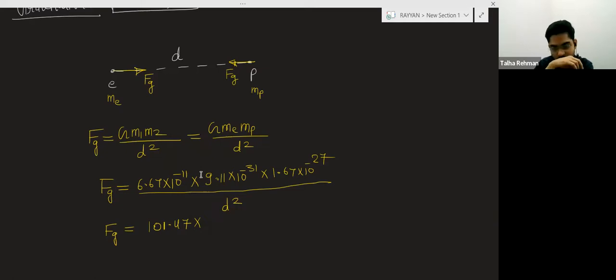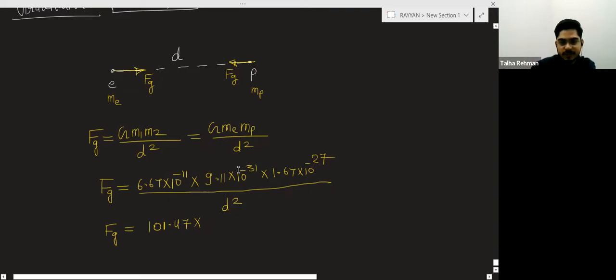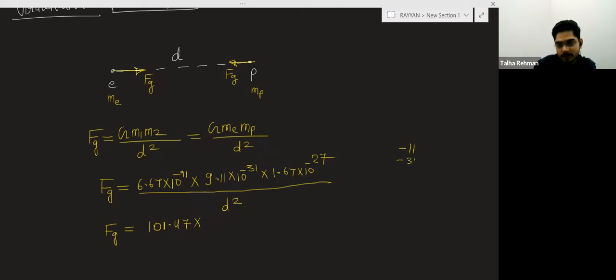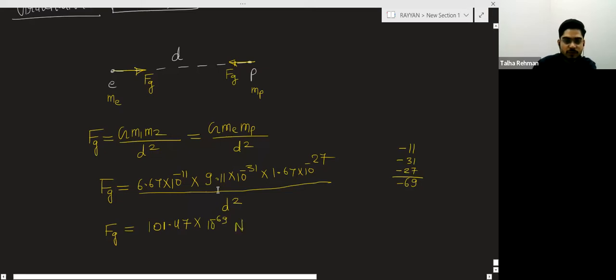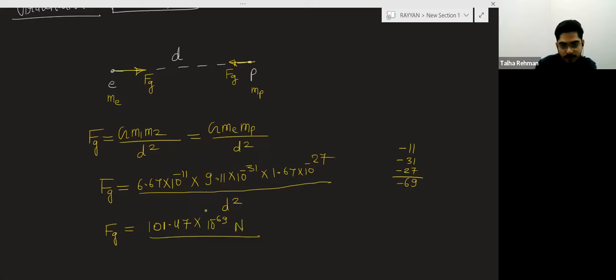Times 10 to the power minus 69. See how: this is minus 11, this is minus 31, and this is minus 27. So you will add all the powers, and this will become minus 69. So basically 10 to the power minus 69 you will get, and this is in Newton, divided by d square.